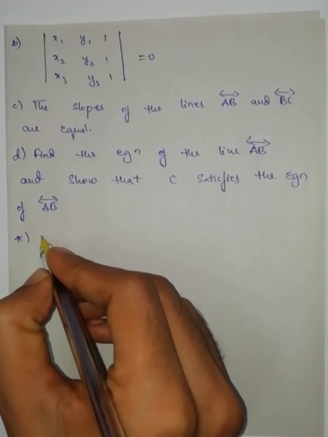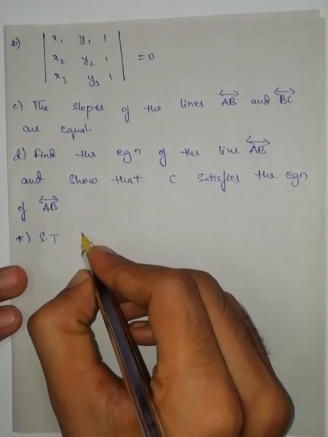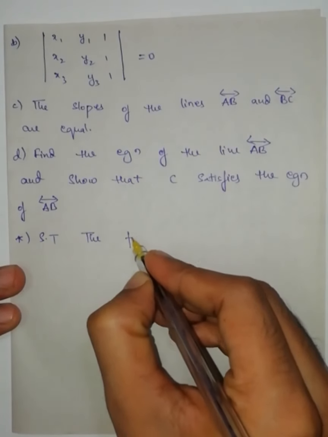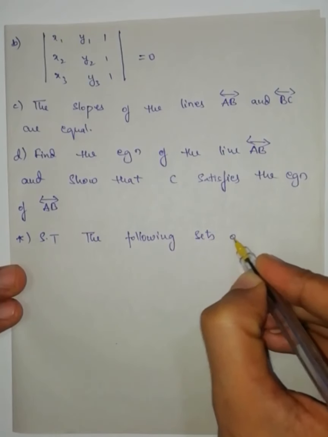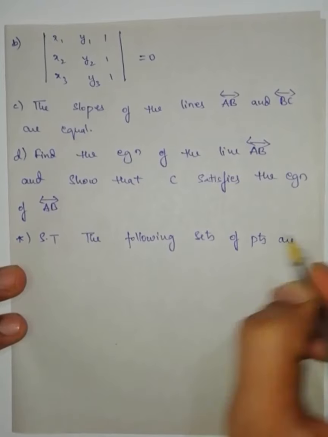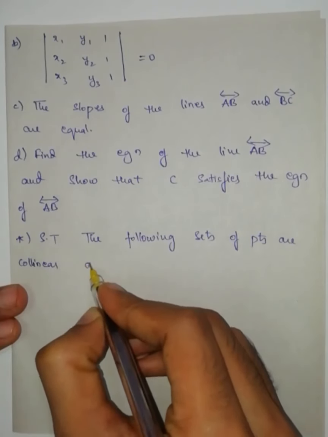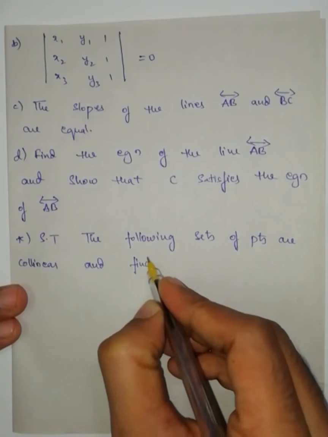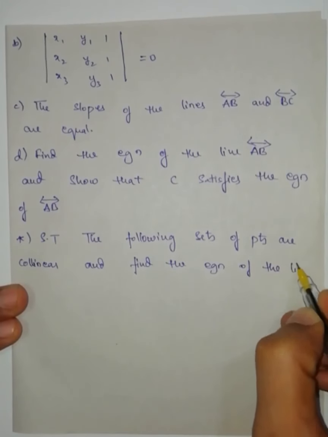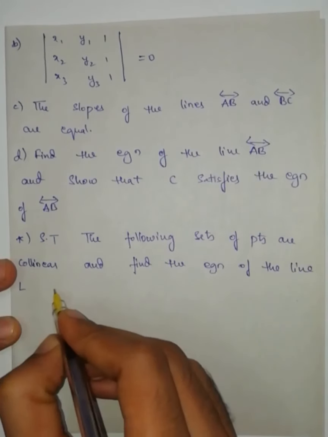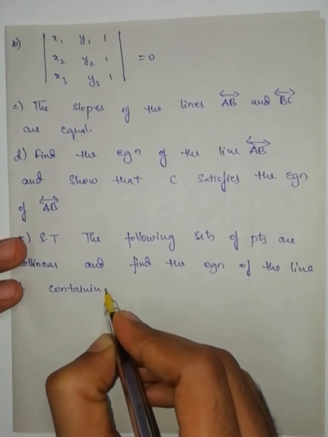Problem. Show that the following sets of points are collinear, and find the equation of the line L containing them.